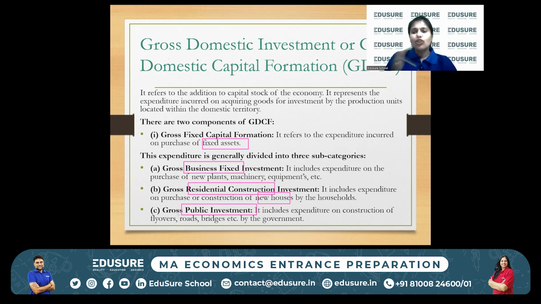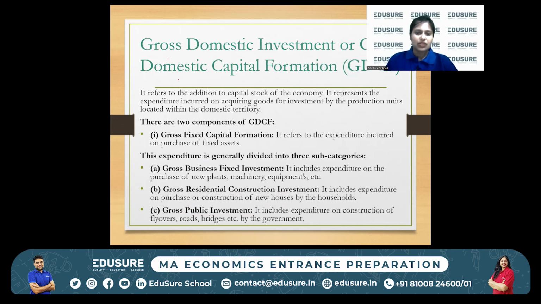So any sort of investment, whether made by households or firms or government, is included in this, not included in the consumption expenditure bit. Sometimes roads are included in both, in some texts, because of Pakka road and Kacha road considerations. Pakka roads don't break, so they're included in investment. Kacha roads break every time, so they're not really included in investment, which is why sometimes roads come in both.